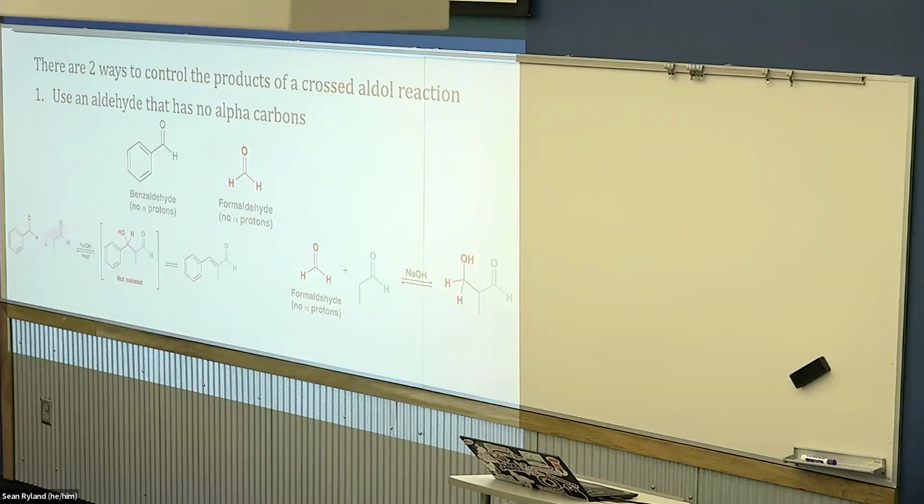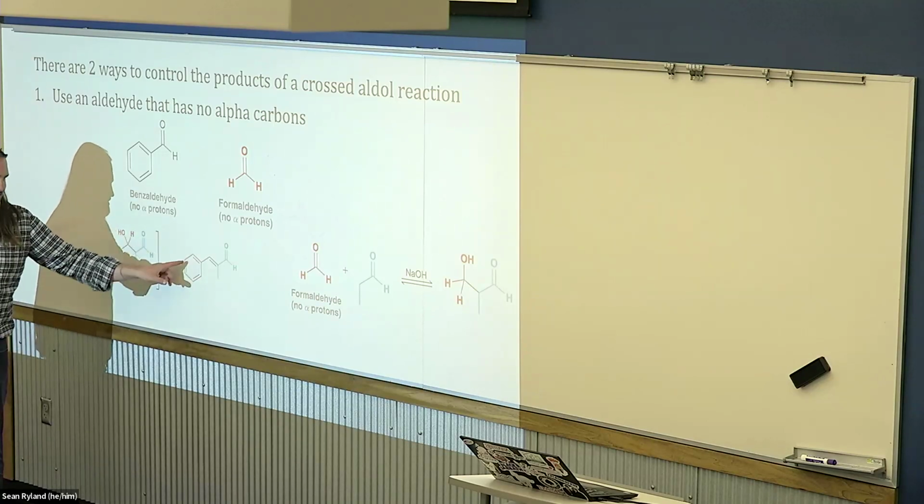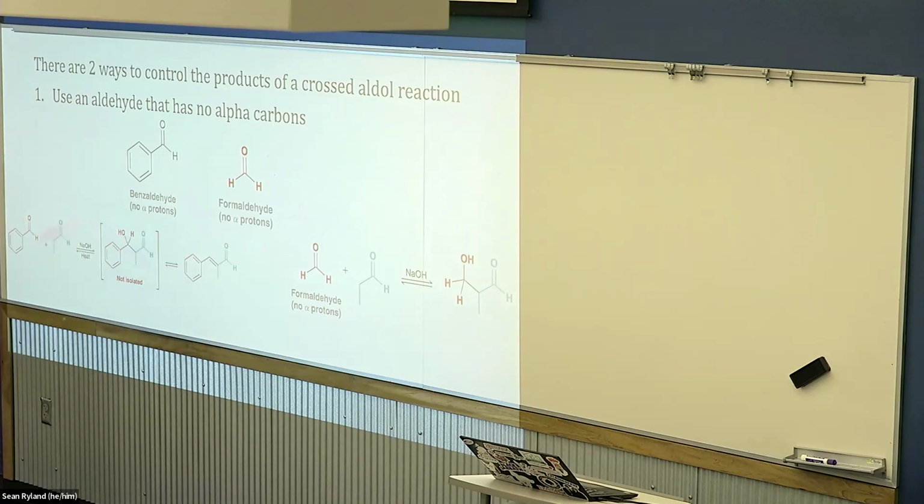You're still going to be somewhat limited. So we use benzaldehyde as one of our reactants, and then propanal. That means that we can make this product preferentially. It then goes through a rearrangement because of the resonance structure to make something really close to cinnamaldehyde.